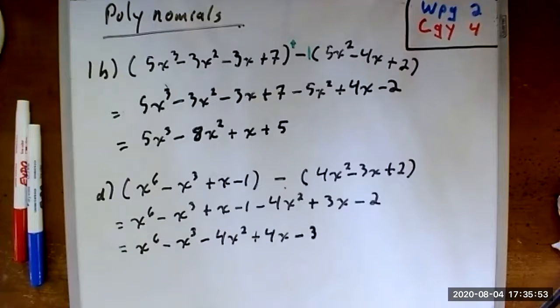But I have an x and a 3x for a total of 4 x's. Negative 1 minus 2 gets me negative 3. All good there?